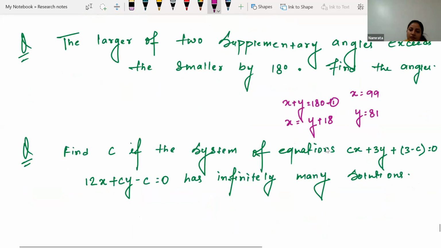So 2y will be 180 minus 18. 2y equals 162. And I'll take the 2 to the other side. When I divided, I got 81. And then we'll just substitute y in equation 2. So x equals y plus 18. So 81 plus 18 equals 99. Perfect. This is how we have to do this question. Let's do the next one.